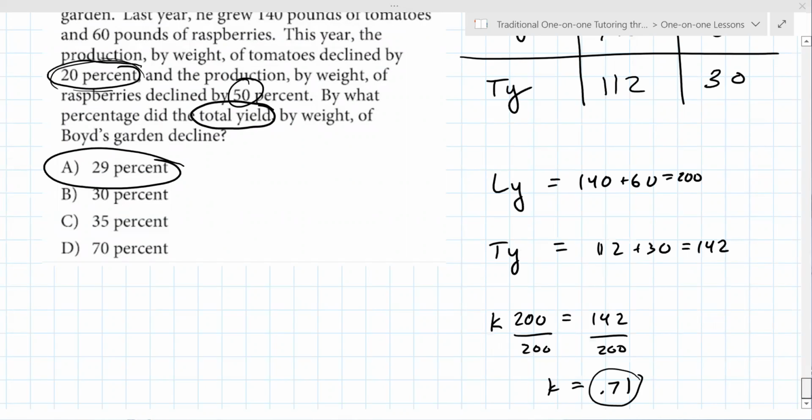Let's see if we get some quick ones left.